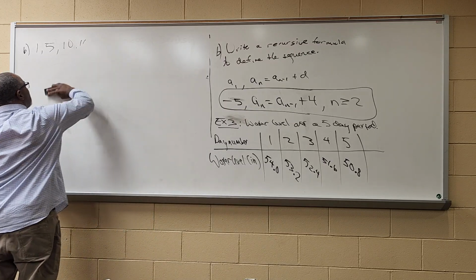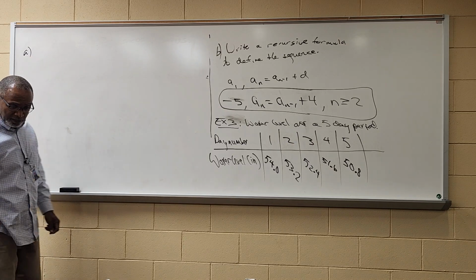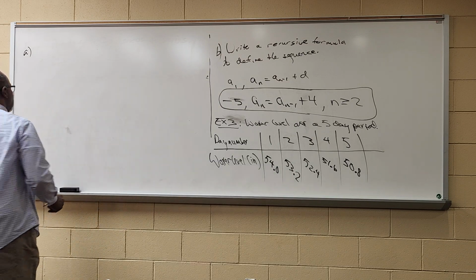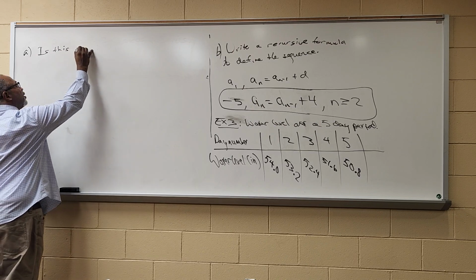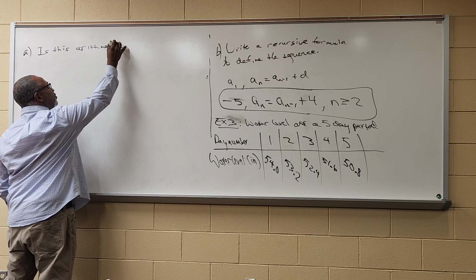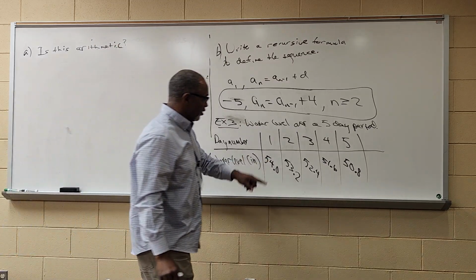Part A of the problem. In part A, they asked the following question. Does the water level follow an arithmetic progression? So is it an arithmetic progression as I go from one day to the next?